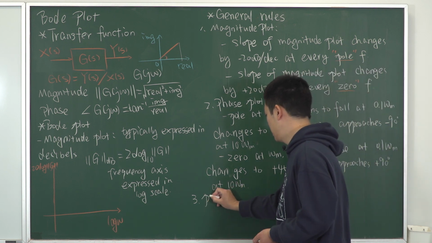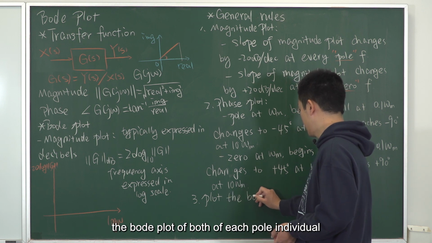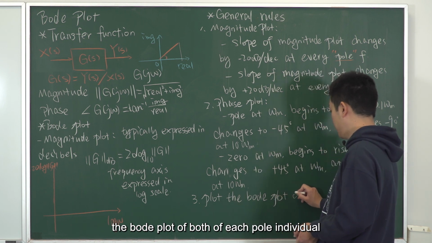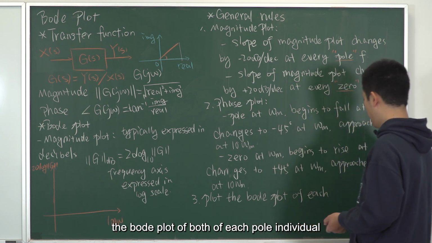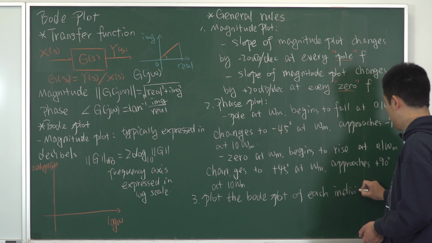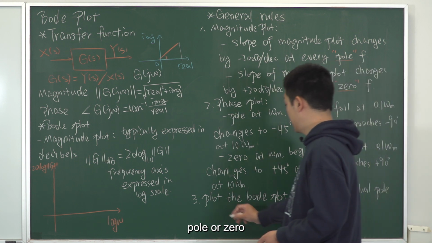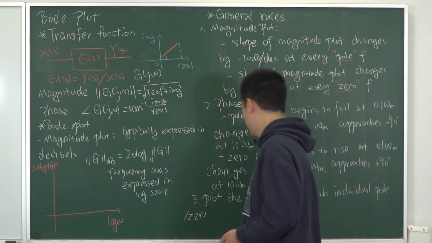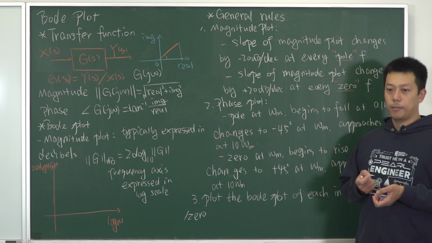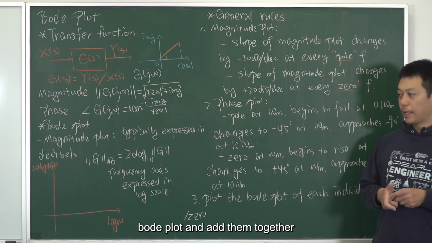Suppose a system has many poles and zeros. We plot the Bode plot of each individual pole or zero and add them together.